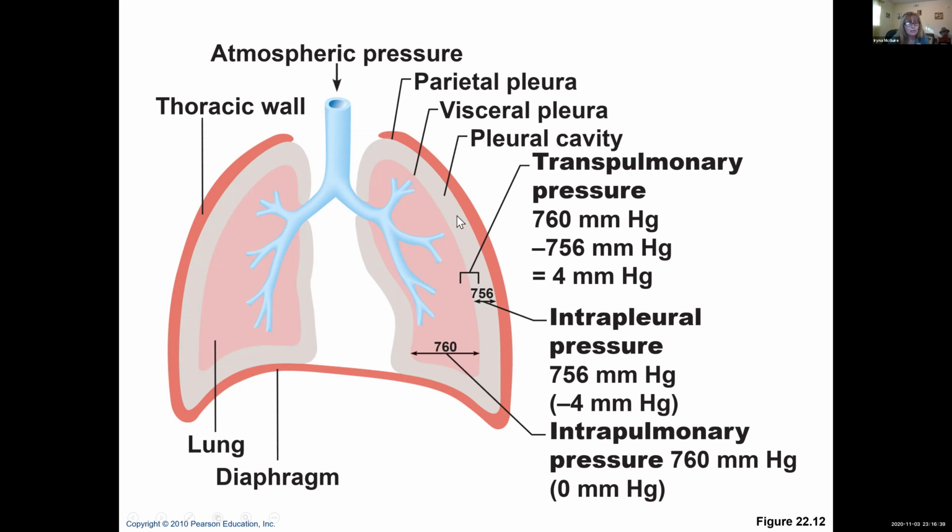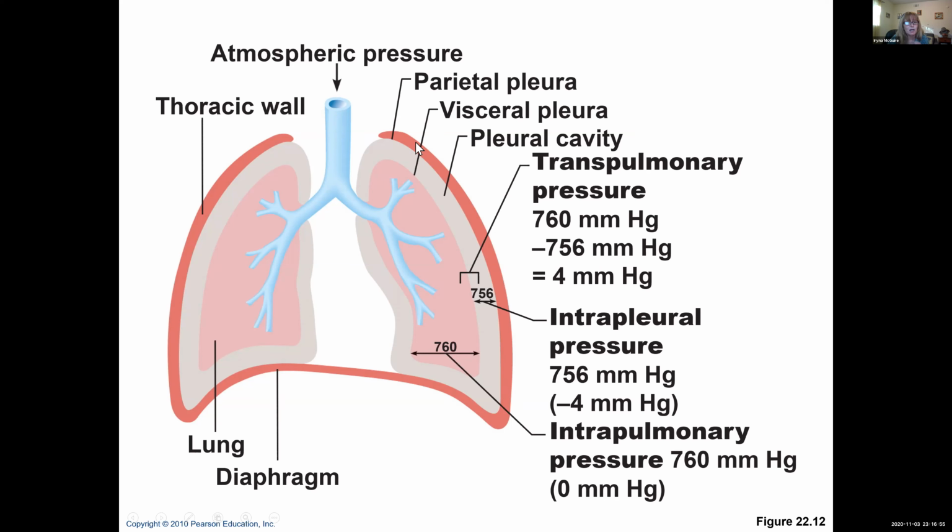This pleural cavity is a closed body cavity. And we have two types of pleura: parietal pleura that covers your rib cage, and visceral pleura that covers the lungs.